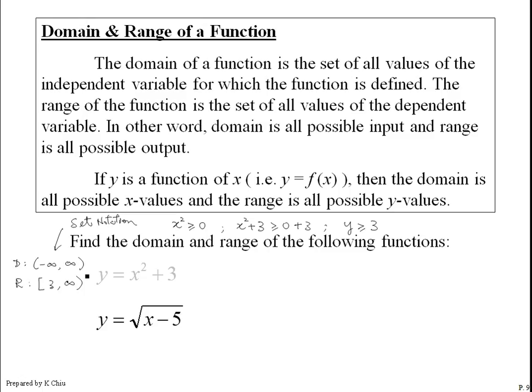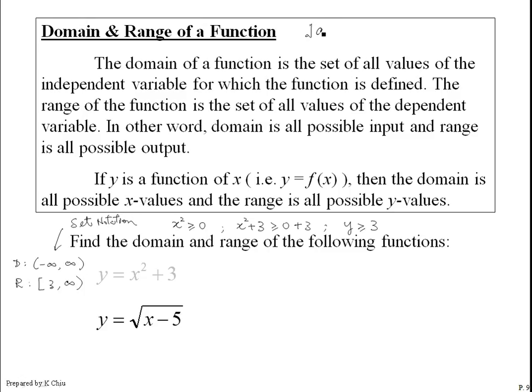Sometimes thinking about the domain and range is a little bit interesting because it really requires you to think a lot about all different kinds of possibility. How about y equals the radical x minus 5? Can x be anything this time? Then we need to know something else.